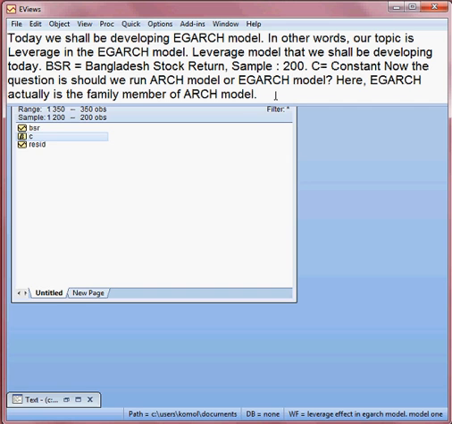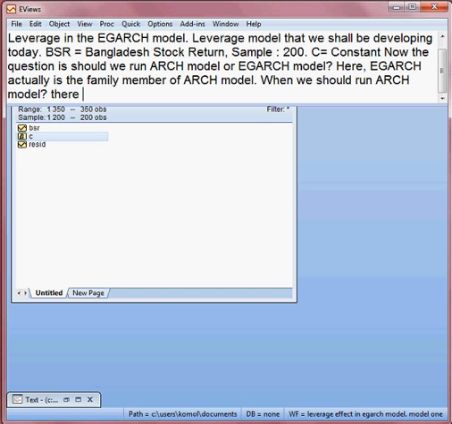Now the thing is, when we should run the EGARCH model, there should be a guideline. So what is the guideline?